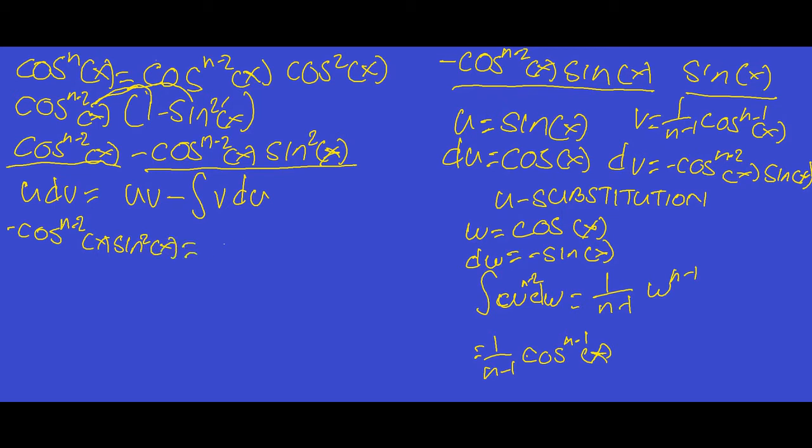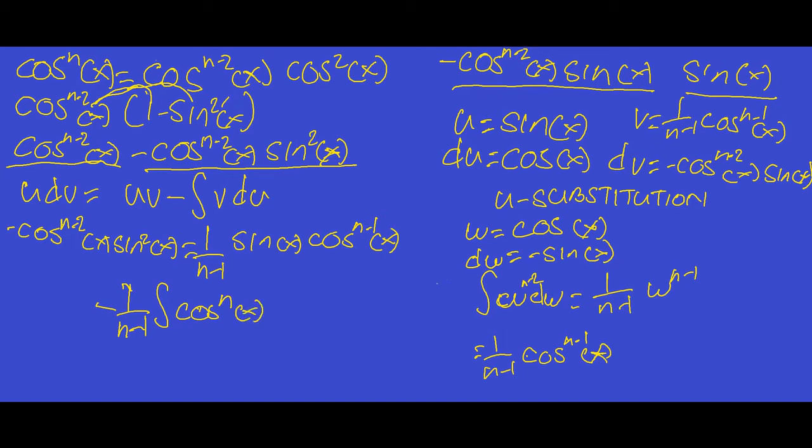Tapos yung uv, samahin na natin, 1 over n minus 1 sine times cosine x to the power n minus 1. So, yung integral is 1 over n minus 1 integral of cosine x to the power n.